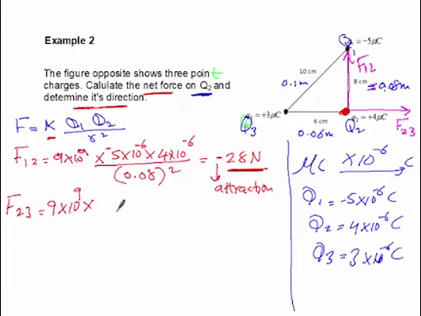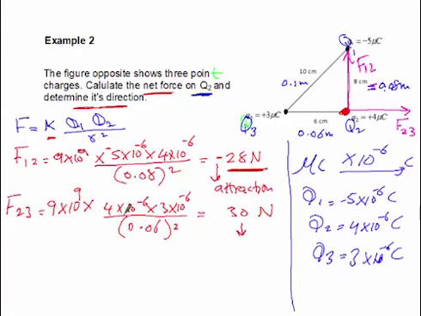So we have 4 times 10 to the minus 6 times 3 times 10 to the minus 6, divided by the distance between them, 0.06, squared. This is going to give us the value of 30 Newton, and this is positive. Because you have positive and positive, you are getting positive, so it is repulsion.